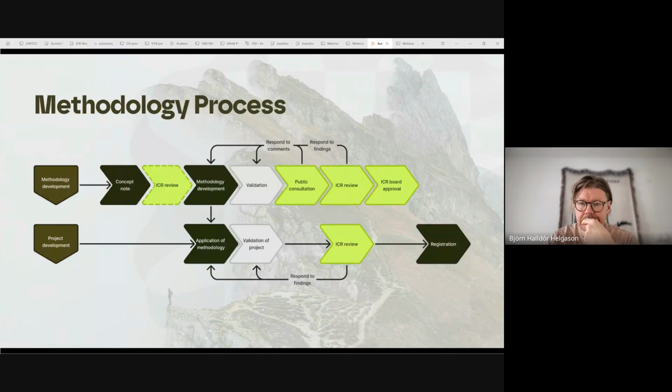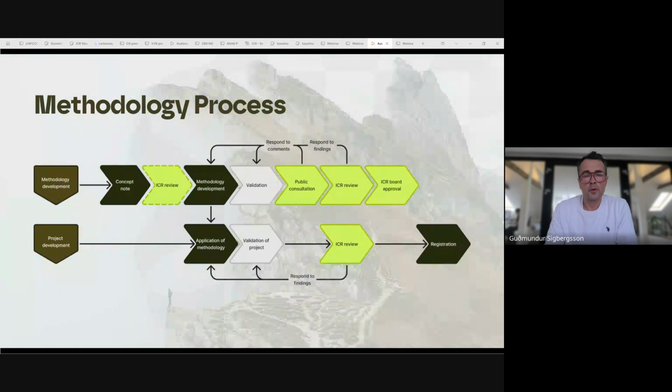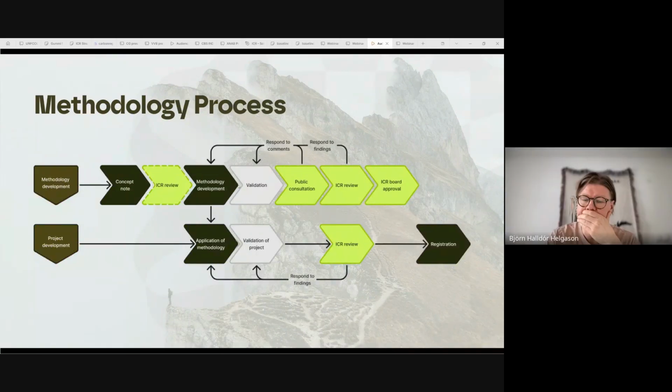If ICR determines that the concept for a methodology is robust enough, it approves it to proceed into methodology development, or if it's not sufficient, it requires some iteration before it can progress into a methodology.